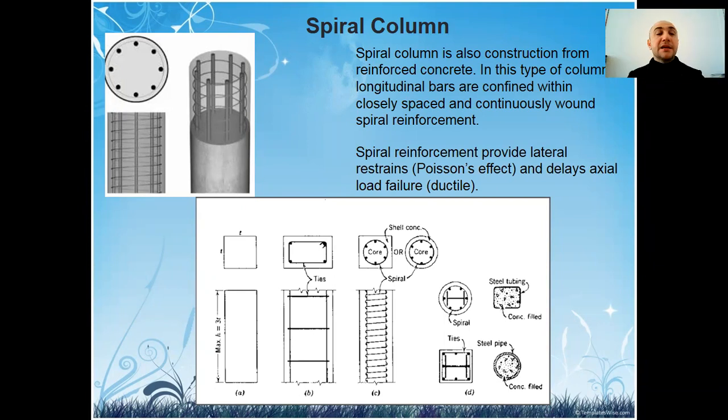The longitudinal bars must have a space between the bars of at least 1.5 times the bar diameter. Six longitudinal bars are required to be used in spiral columns. More than 6 can be applied, but there should be at least 6 bars. Okay, next.